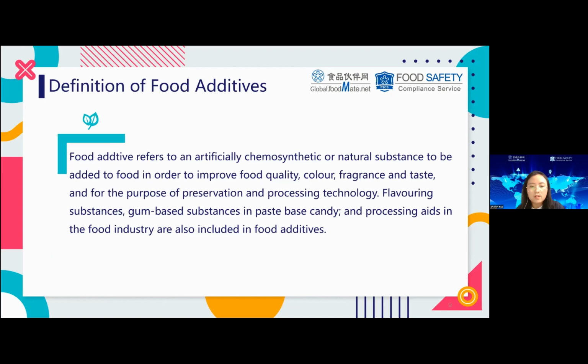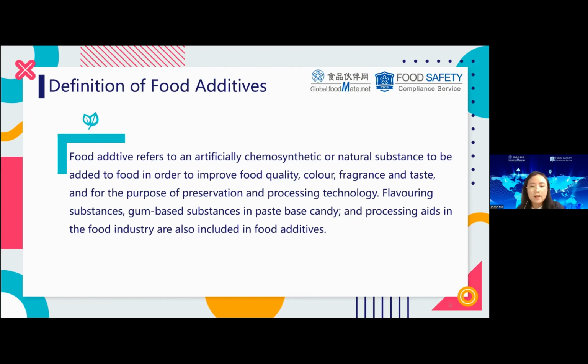Flavoring substances, gum-based substances in the paste-based candy, and processing aids in the food industry are also included in the food additives. It means that in China, all these substances fall under the management of the food additives.